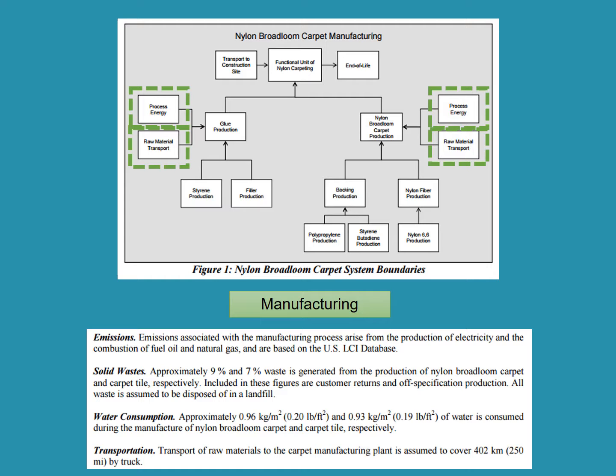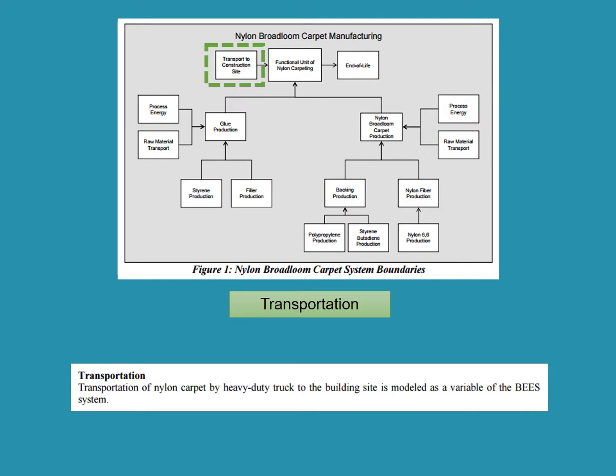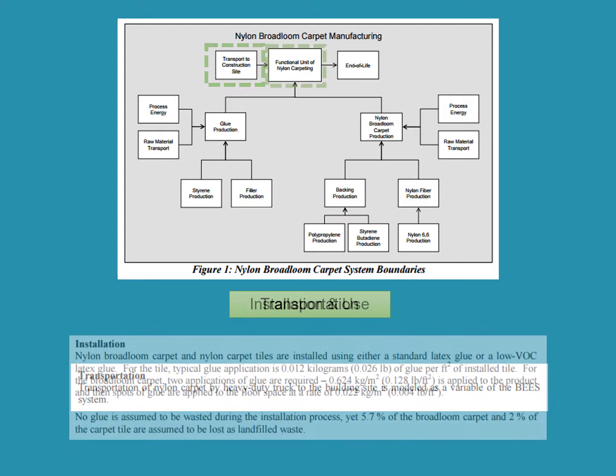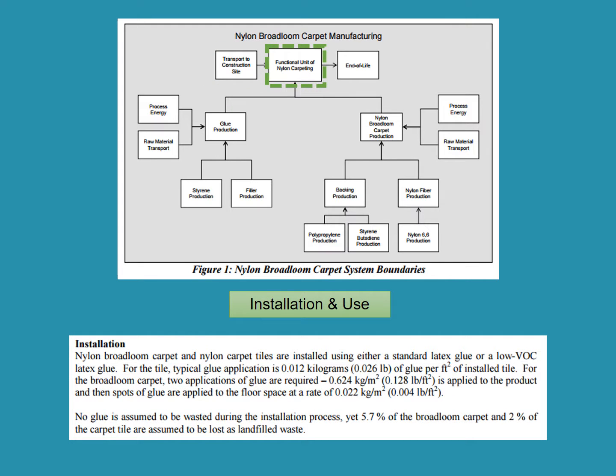Moving on, we'll note that the transportation to the retail facility or project site after manufacturing is modeled as a variable in this simulation. No distance is specified, but rather we'll see later that the user can designate an approximate mileage. Now that the carpet is sold, we see the installation assumption, including the amount of glue used and the wasted materials due to installation.